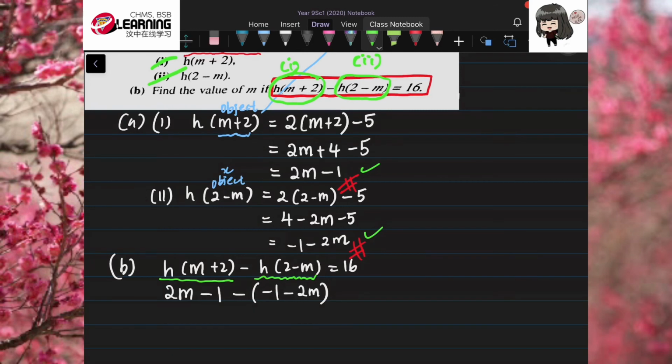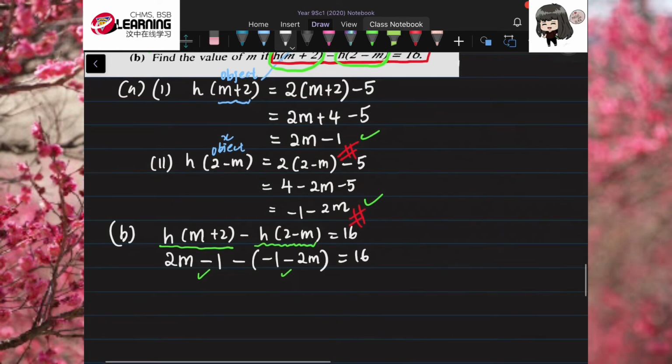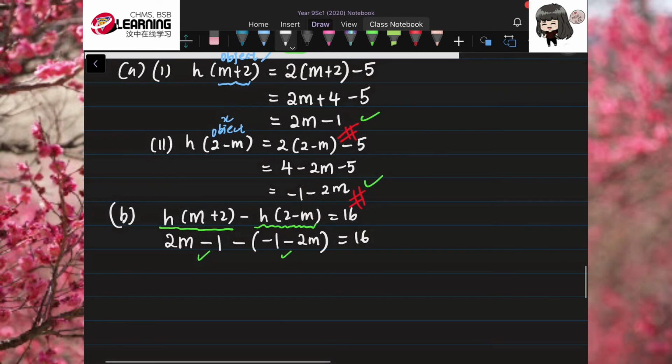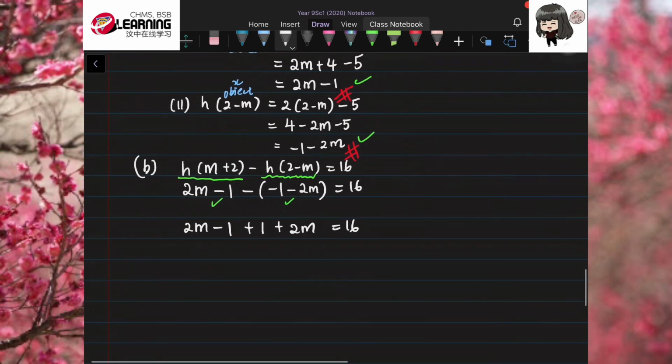Your first part answer and your second part answer, when they minus together, it's equal to 16. Now we simplify this one and we can find our value of m. So 2m minus 1, negative negative become plus 1, negative negative become plus 2m equals 16.